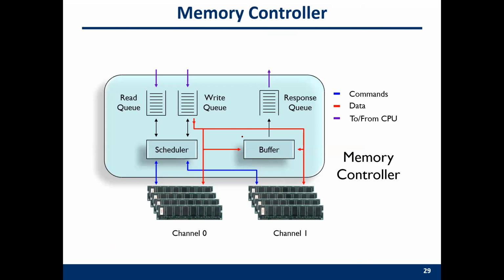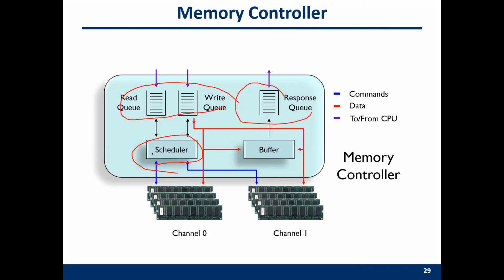Because the memory controller becomes more and more important, you can also do some scheduling here. You have a read queue and a write queue, and you have to do some lightweight scheduling. For example, the first request goes to row A, the second request goes to row B, and the third request goes to row A. If you strictly follow the first in, first out order, then you will have no row buffer hit, because the first and the third requests go to the same row, but the second goes to another row.